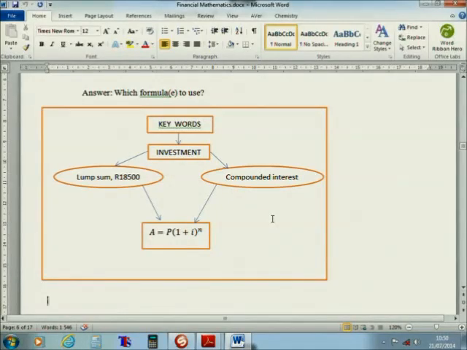Then what is important is to write down the data that you've got there, because we've chosen the relevant formula based on the key phrases that determine our chosen formula to use.